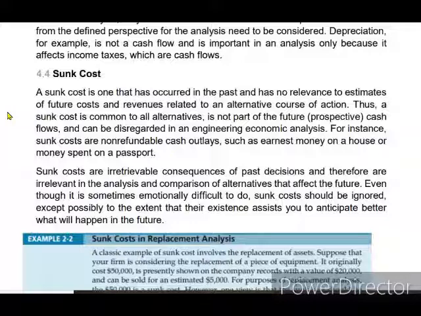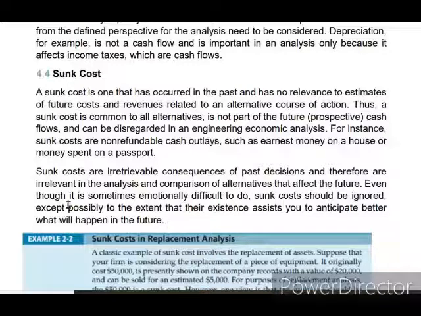So it will not affect the estimates of, or have relevance for, the future costs and revenues. Some costs are irretrievable consequences of past decisions, and therefore are irrelevant in the analysis and comparison of alternatives that affect the future.